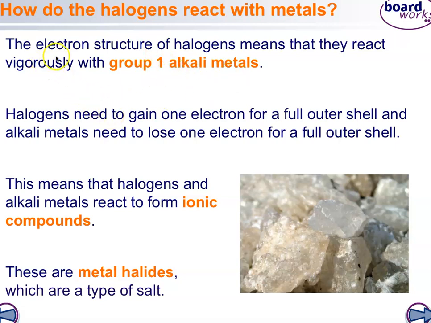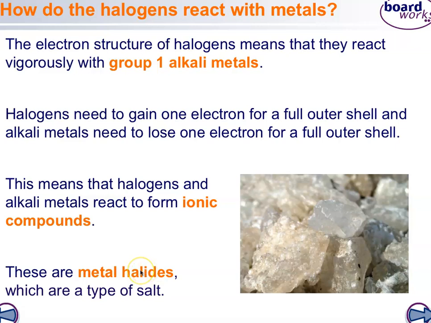Now, the electronic structure of the halogens means that they react vigorously with the alkali metals. Halogens need to gain 1 electron for a full outer shell, and alkali metals need to lose 1 electron for a full outer shell. This means that halogens and alkali metals react to form ionic compounds, and these are metal halides, which are a type of salt.